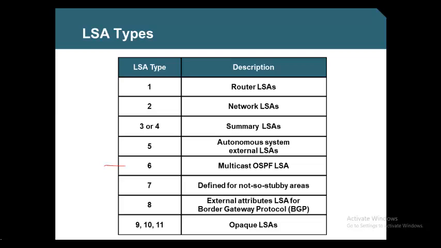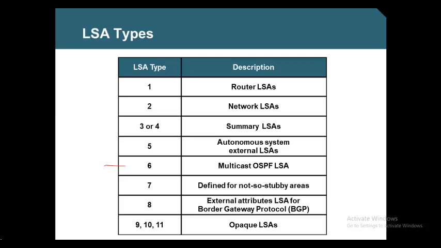Finally, you see these 9, 10, and 11, they are put in one opaque LSA, meaning they are available for extension. They are available for you to use for future enhancement. That's how it was kept initially, but now it is used in various places. Actually, we see these 9, 10, 11 are used with IPv6, with segment routing, and so on.